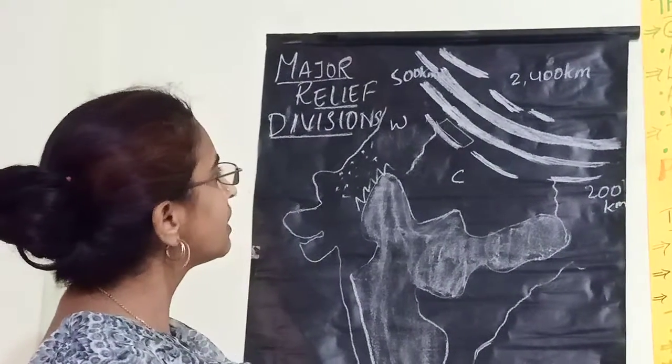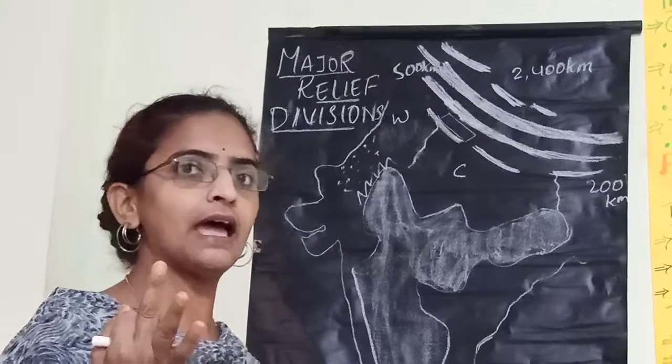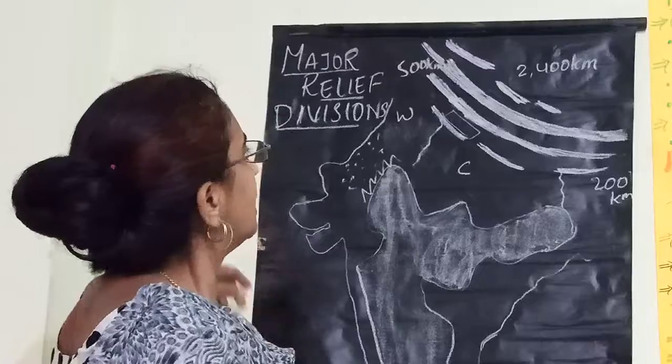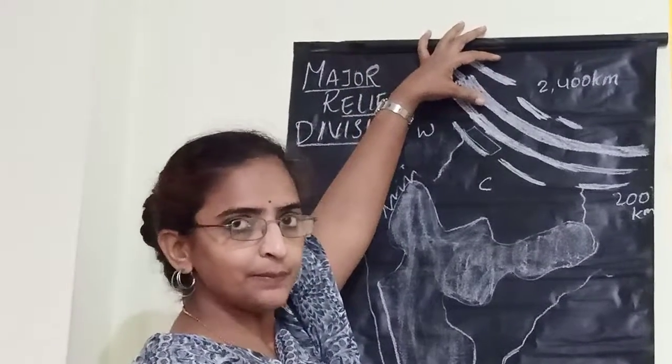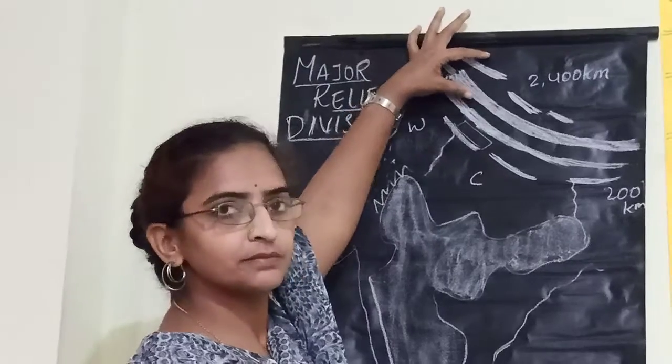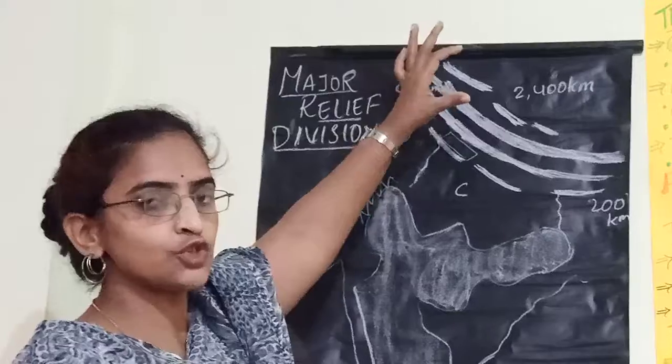Now if you see here, the Himalayas are divided into 3 divisions based on their height. This is the first parallel line, the Greater Himalayas, which are of greater height, an average of some 6,100 meters.